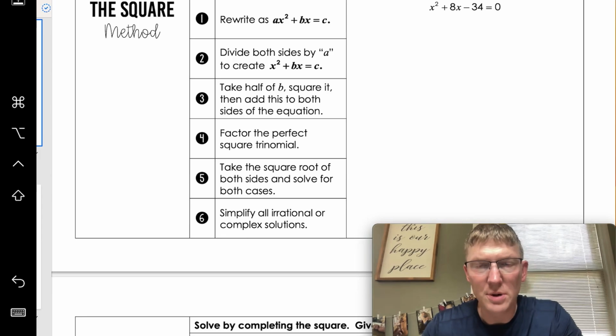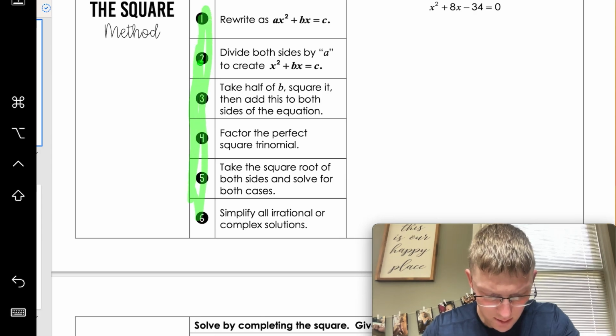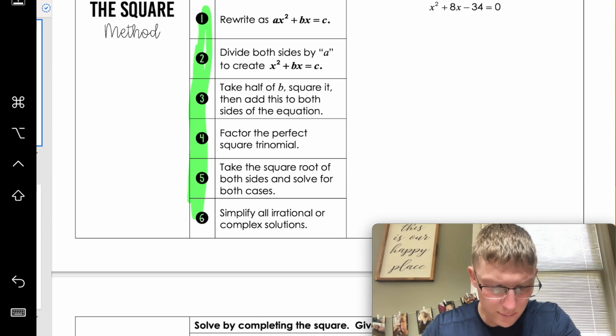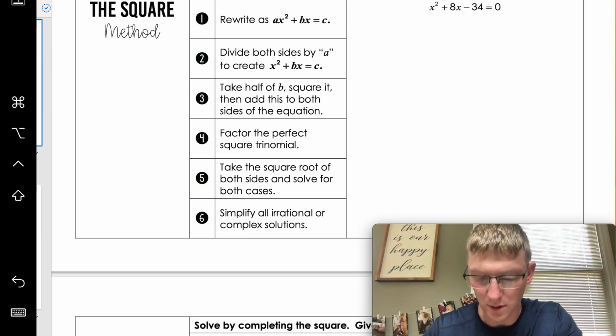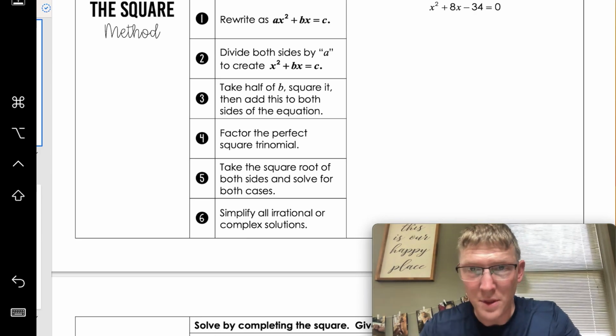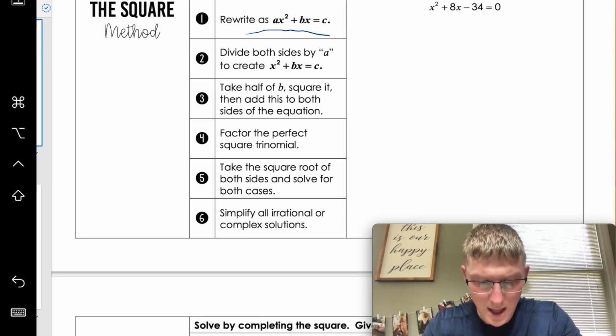Okay, so let's do an actual problem. As is our tradition, we've got all of the steps written right over here, and you can follow along those steps as I go through this. But let's see what it looks like in real life with an example on the right. So, okay, it says rewrite as ax squared plus bx equals c.